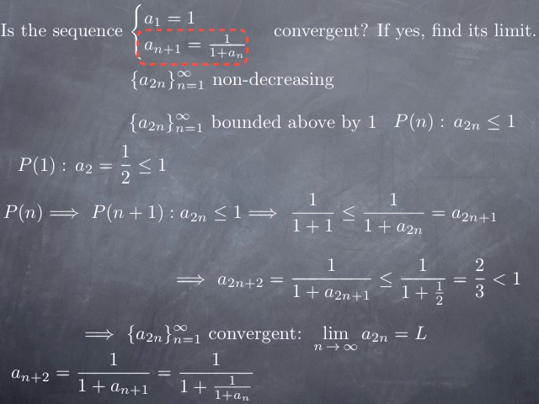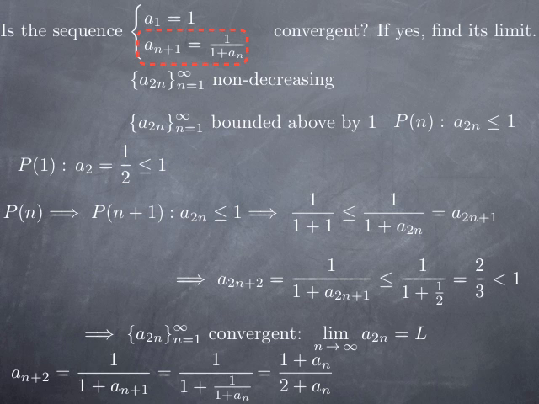So if I look at the bottom in this fraction and write it as one fraction, I get 1 plus an plus 1 over 1 plus an. So I have the reciprocal of 2 plus an over 1 plus an, which is 1 plus an over 2 plus an. So that's how I go from one term to two terms further.